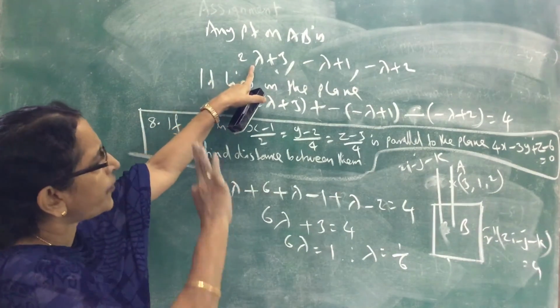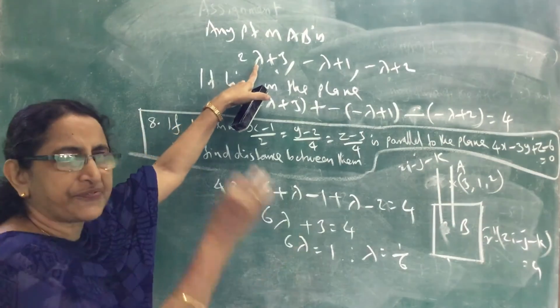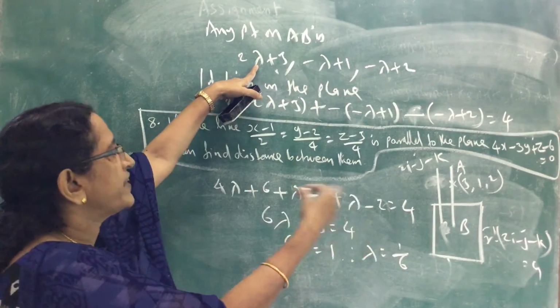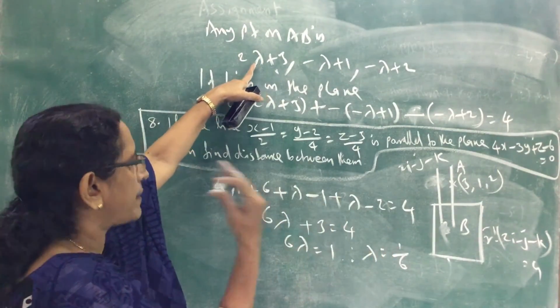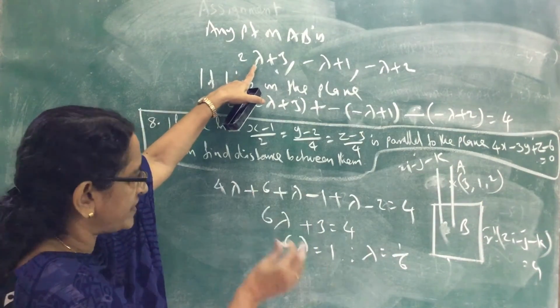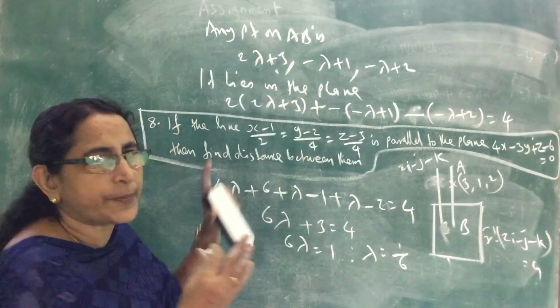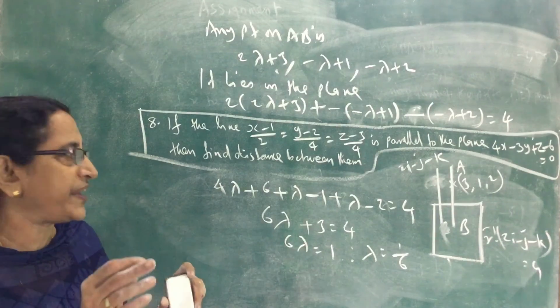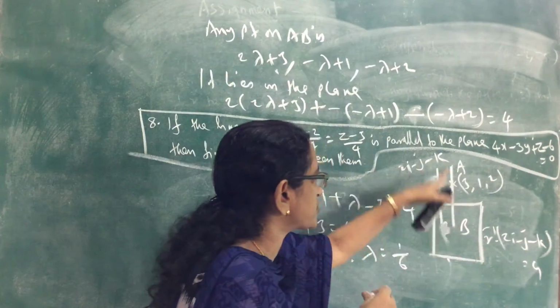So any point on AB is in this form, and if this point lies in the plane, we can substitute in the plane and get lambda. Then when we substitute this lambda in this point, that will be the point of intersection of line and plane. So B is the point of intersection of line and plane.